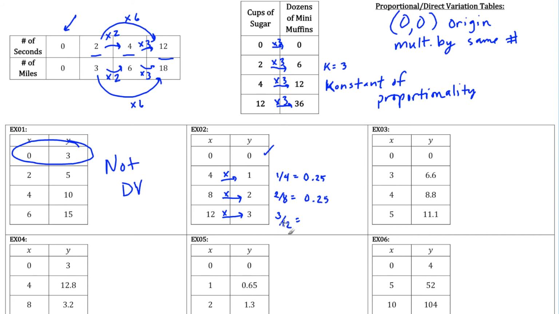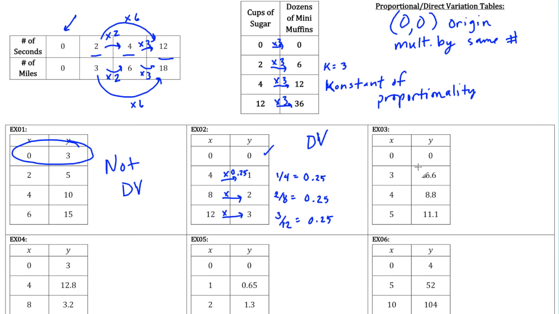And 3 over 12 is 0.25 again. So this is all multiplied by 0.25. If you put it once there, and I see them here, then we're good. So you can put direct variation.